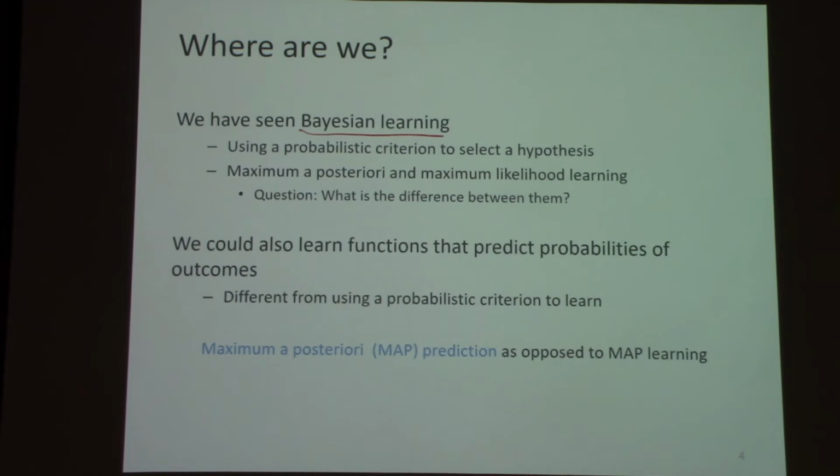In maximum a posteriori learning, you are asking what is the most probable hypothesis given a data set. In maximum a posteriori prediction, you are asking what is the most probable label for a particular example given a hypothesis. Does the difference make sense? So here in MAP learning, we are asking what is argmax over probability of hypothesis given the data set. Here we are asking what is the probability of the label given an example and a particular hypothesis.